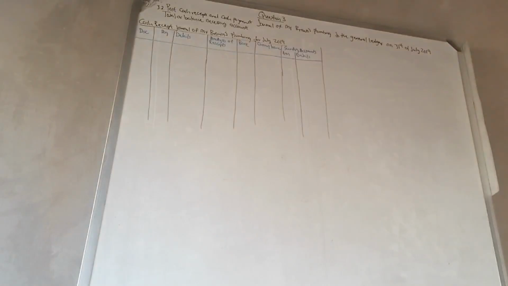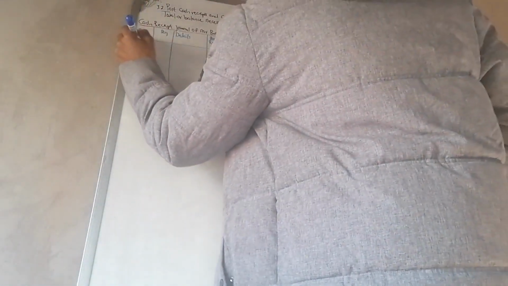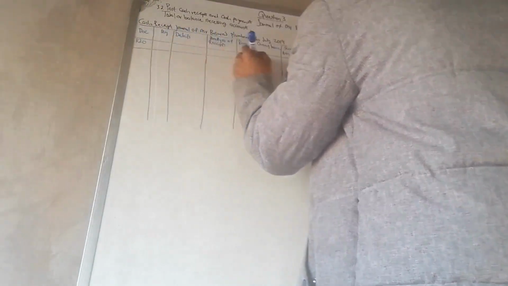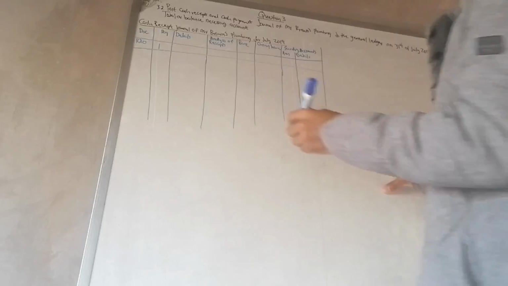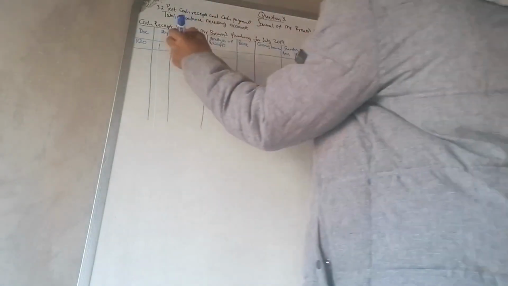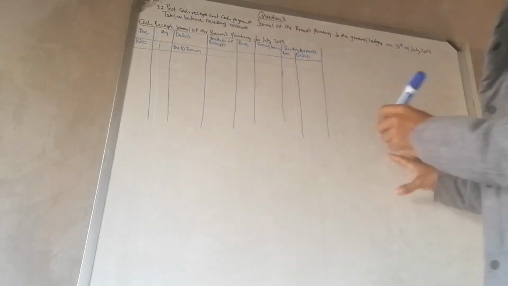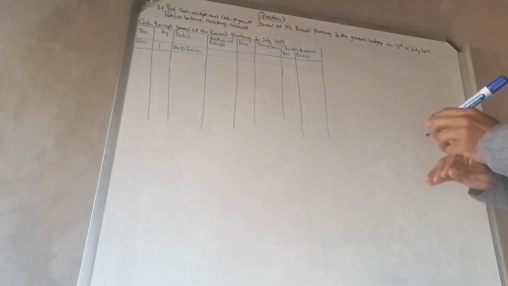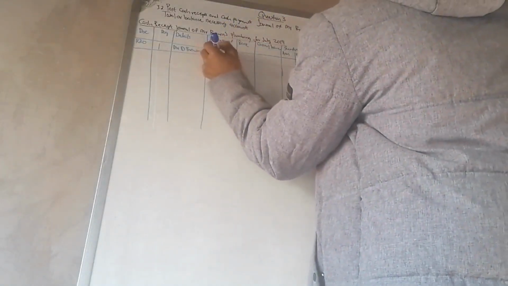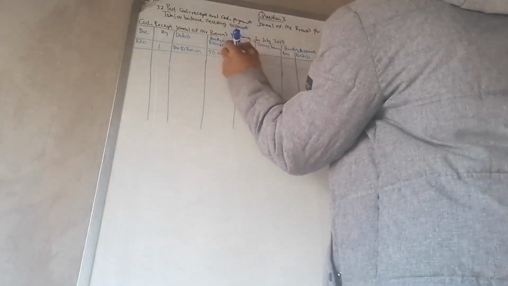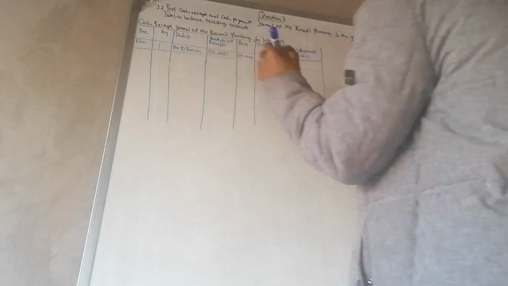So what other information is provided? The document number is R20 for the first transaction, on the first. The details: Mr. D. Brown. The analysis of receipts: 50,000 rand was deposited into the bank.